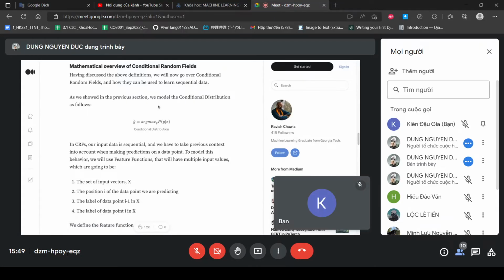In other words, it does not solve the joint probability, but it calculates the conditional probability p(y given x), where y is the hidden state, the label, and x is the data.